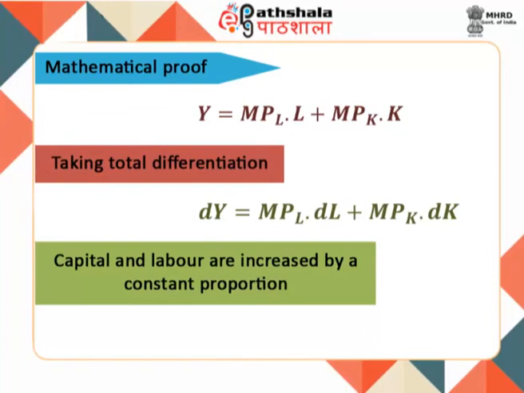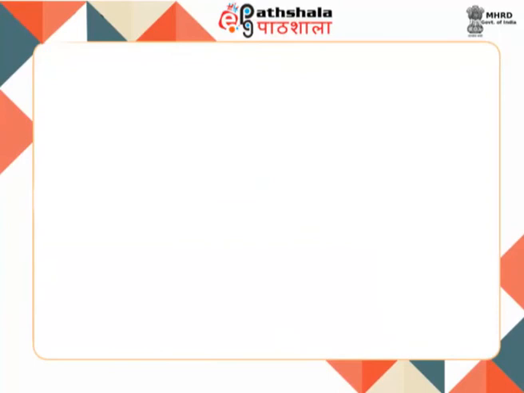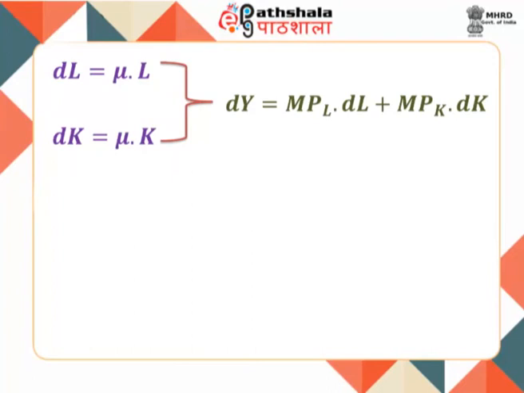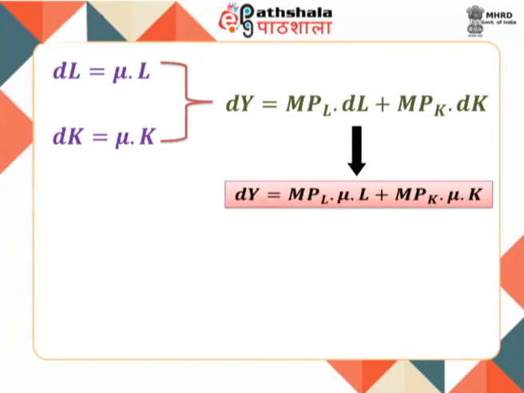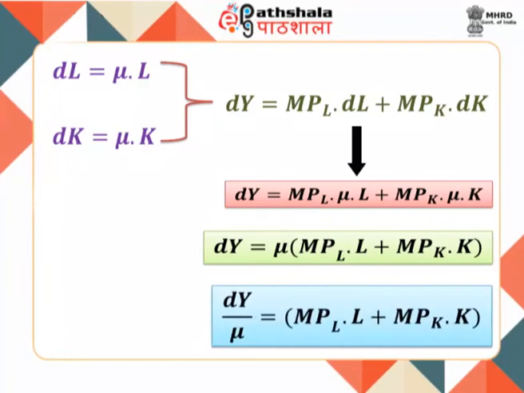It follows that mu equals dL by L equals dK by K, or dL equals mu into L and dK equals mu into K. Substituting the values of dL and dK in dY equals marginal product of labor into dL plus marginal product of K into dK, we have dY equals marginal product of labor into mu into L plus marginal product of capital into mu into K, or dY equals mu into MPL into L plus MPK into K, which can be further converted to dY by mu equals MPL into L plus MPK into K.